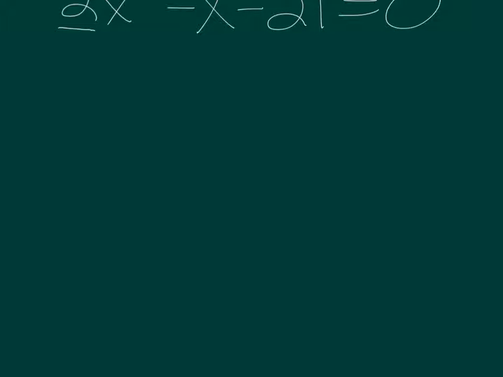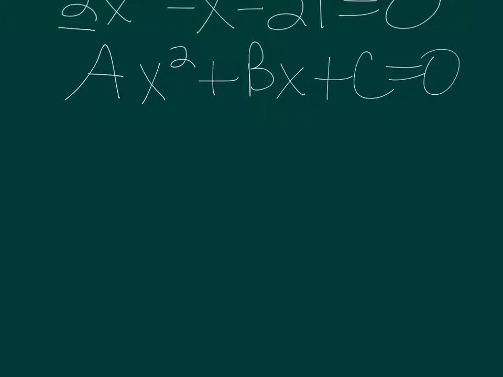It's called the AC method because this is standard form. Standard form is when the equation is all on one side equal to 0, in the form ax squared plus bx plus c equals 0.